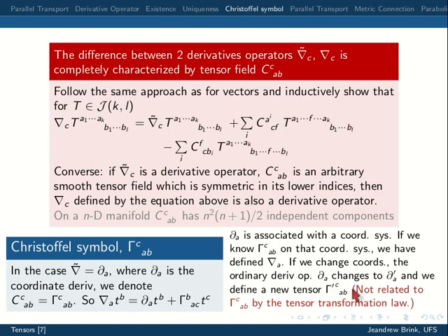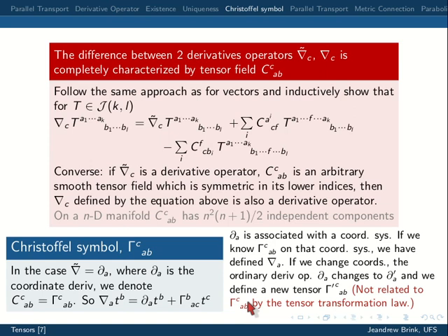Another important thing: these gammas in the new coordinate system are not related to the gammas in the old ones by a tensor transformation law. In other words, you cannot just transform this tensor into that one by multiplying by components of the Jacobian.